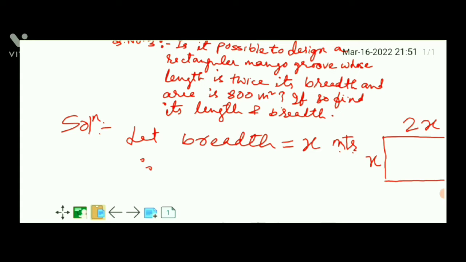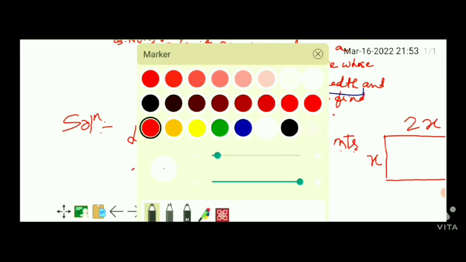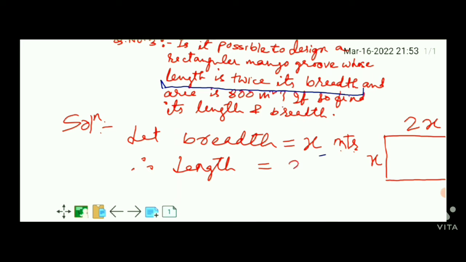Then automatically length, length is twice its breadth, so length will be twice x meter.